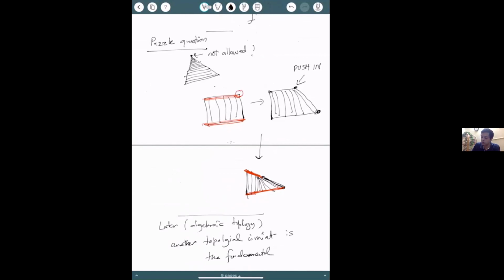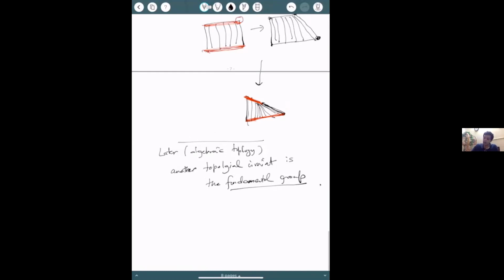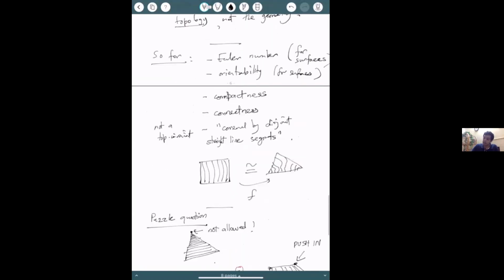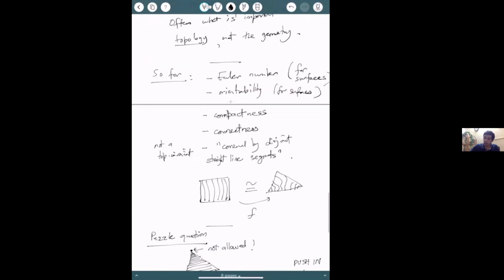It turns out to be a group, and this is a very important topological invariant. Once again, homeomorphic spaces will have the same fundamental group. That's the whole idea. So these topological invariants are very useful, and let me tell you how.